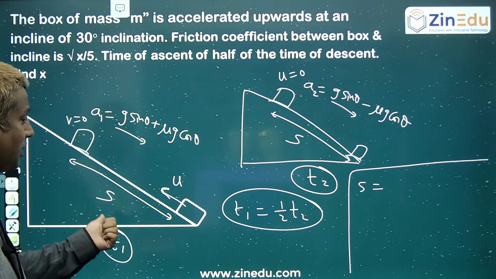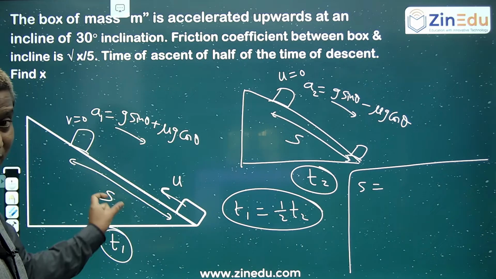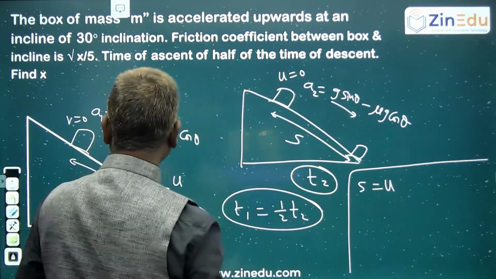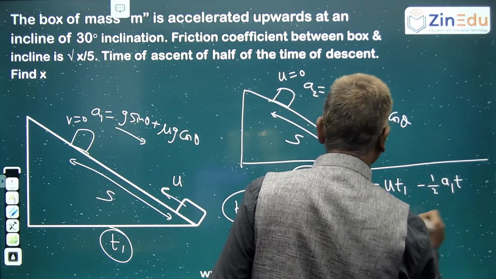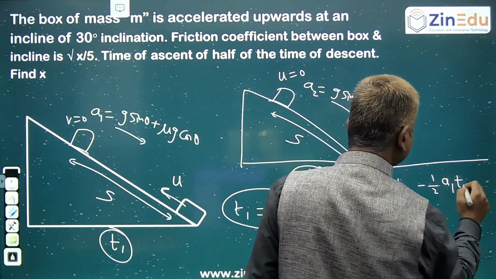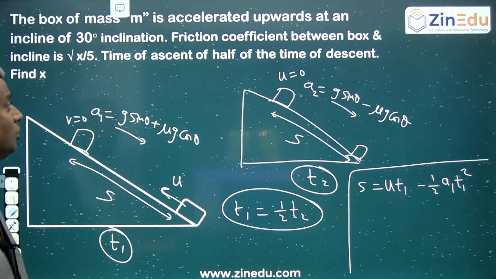But I want in terms of time, so definitely you can use v is equal to u plus at, or s is same, this you have to get, s is equal to u t1 plus half a1 t1 square. You have to get the value for u, acceleration, that acceleration.